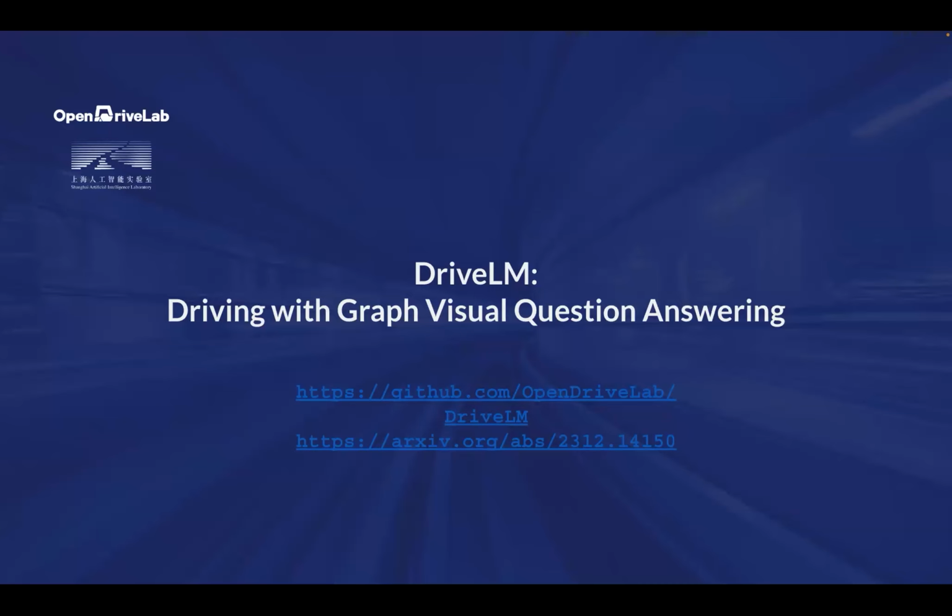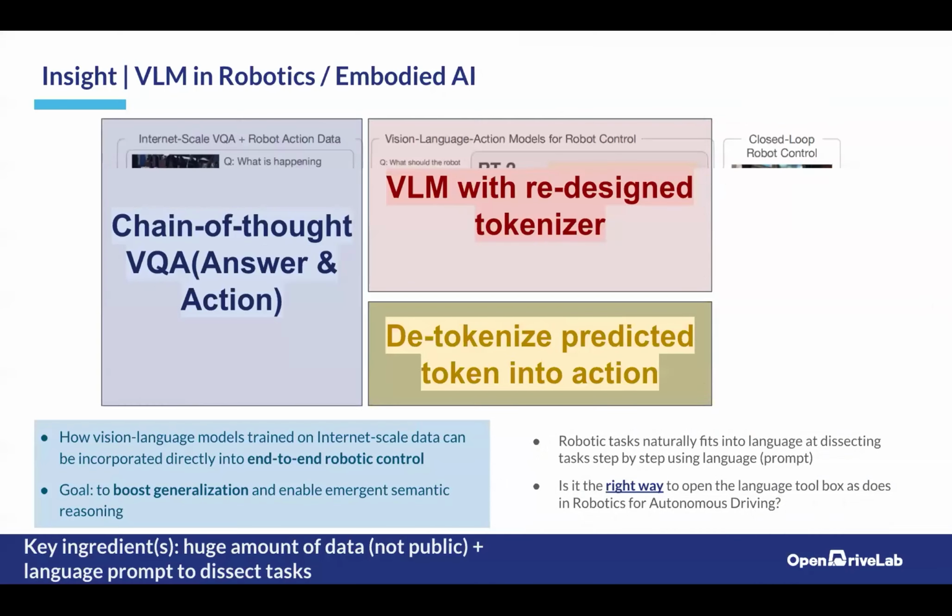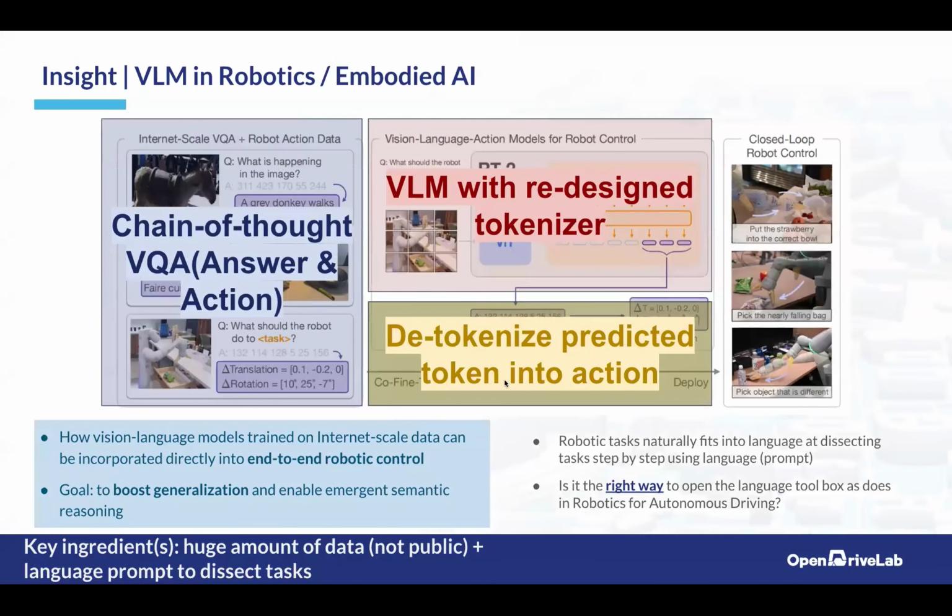And so we would like to briefly introduce how DriveLM works. We combine the end-to-end driving system with visual language models, which are very prevalent nowadays. First, let's take a look at what visual language models do in robotics or embodied AI fields.